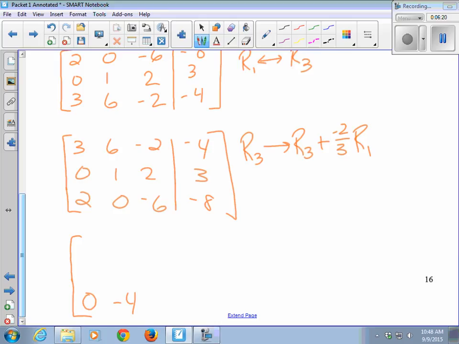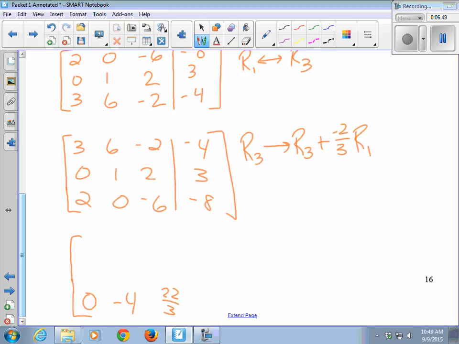All right, negative 2/3 times negative 2 is 4/3. Oh, and then I have to add that to negative 6. 4/3 plus negative 6 is negative 14/3. Yeah, negative 18/3 and 4/3.